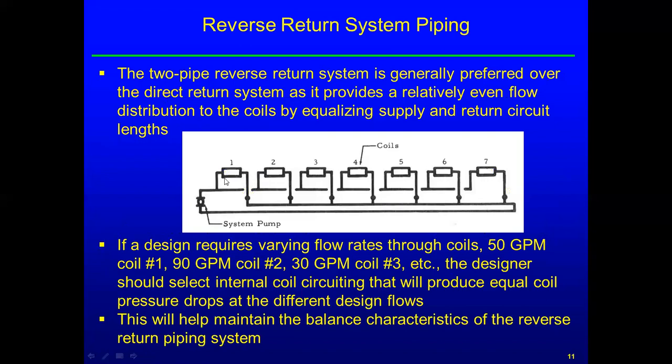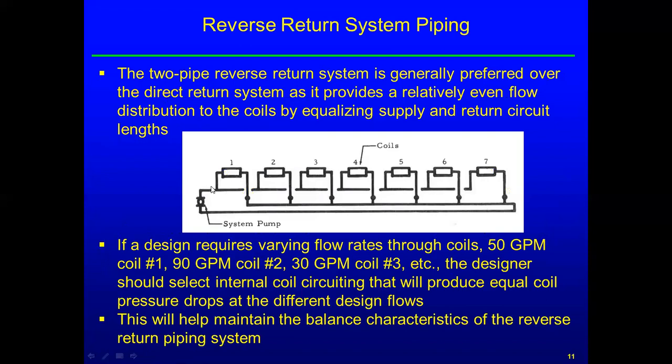But assuming that each of these coils has about the same pressure drop, this reverse return scheme, where we have short supply, but when we come out of the number 1, we go all the way down and back, this tends to equalize the pipe length for any of these.